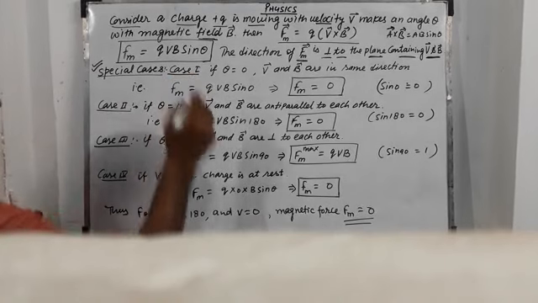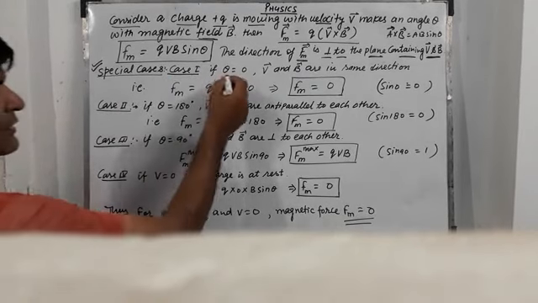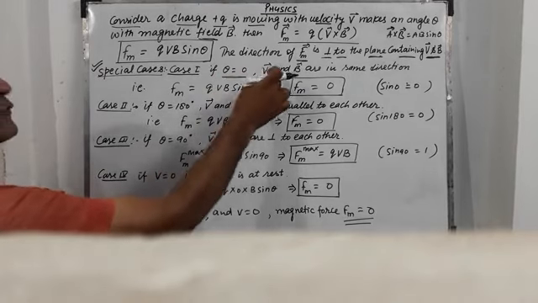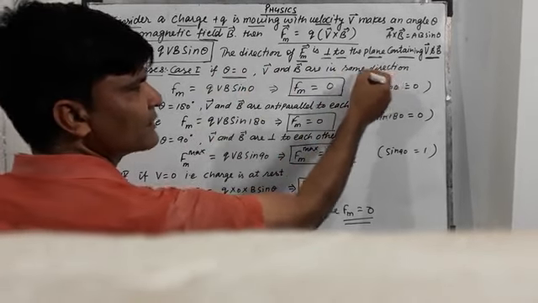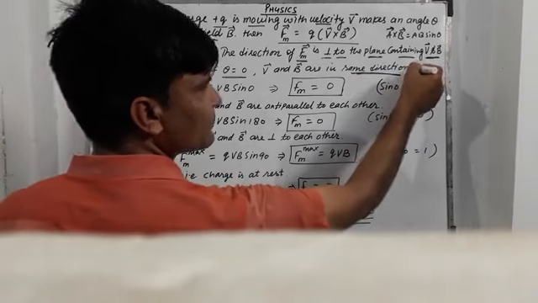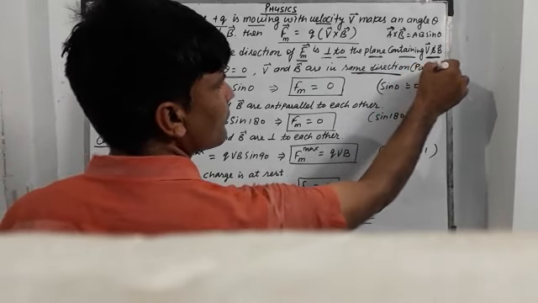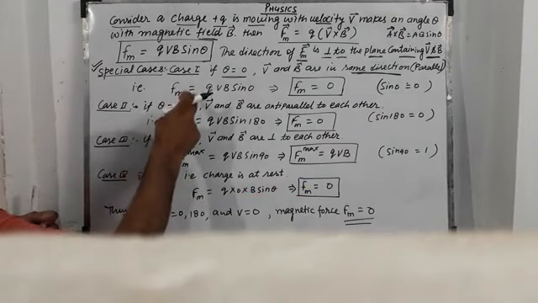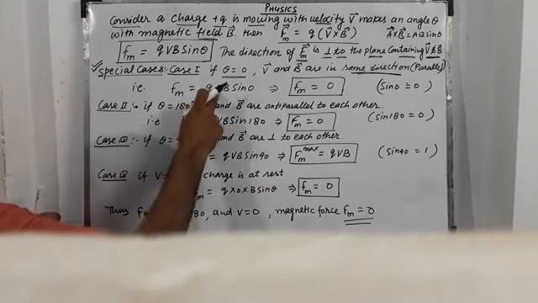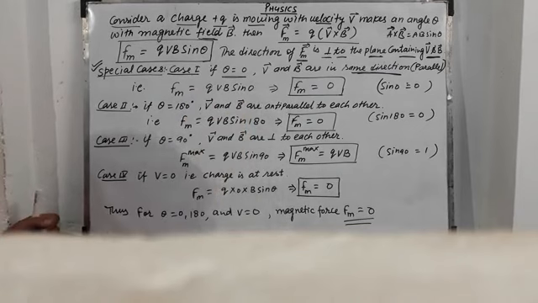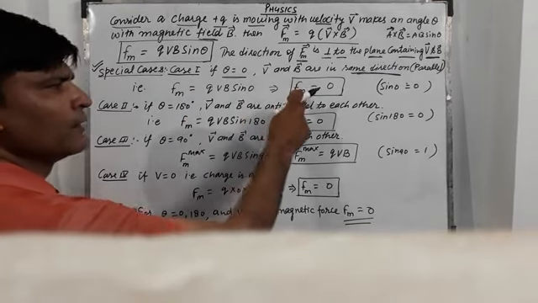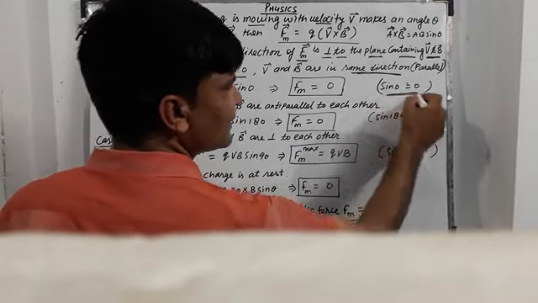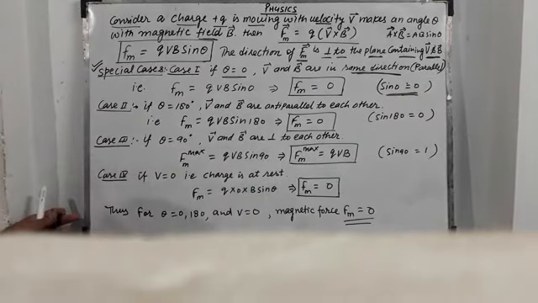Case first: if theta is equal to 0, means v and B are in the same direction, this means parallel. Then Fm is equal to qvB sin 0. This represents the magnetic force is equal to 0 because sin 0 is equal to 0.